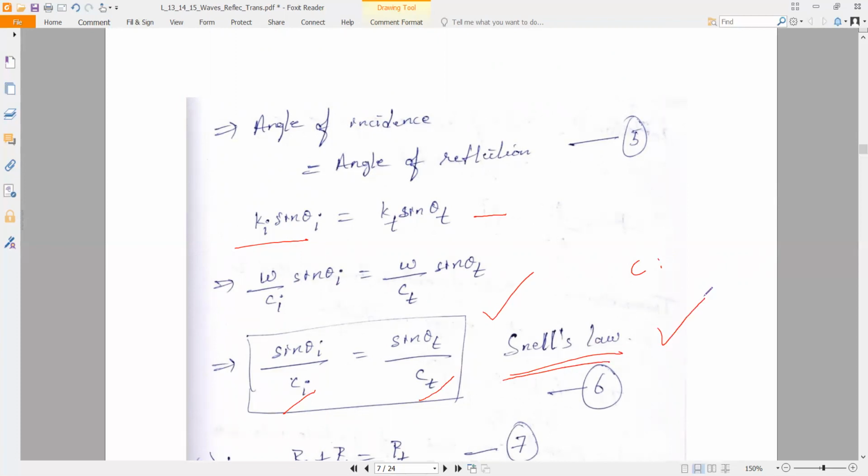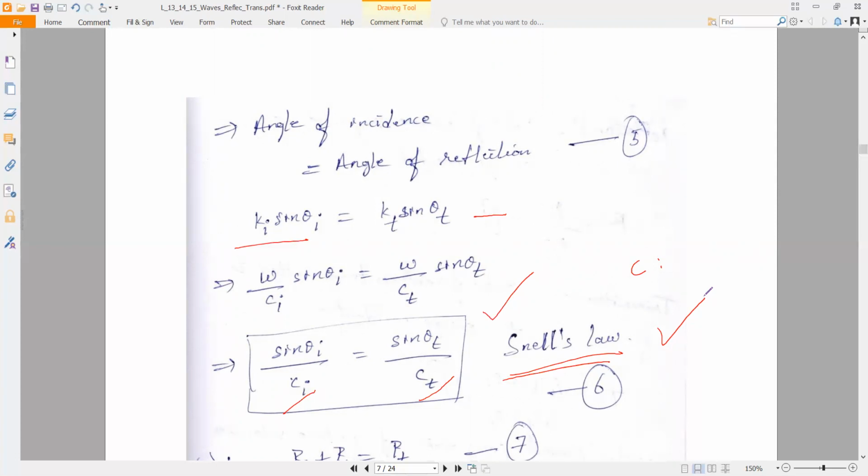The reason for me to pick up fluid was also to make sure that all of us are clear on these basic concepts: why angle of incidence is the same as angle of reflection, and why the frequency of a wave does not change when it is moving from medium 1 to 2 to 3 to 4 and so on. So the frequency of a wave does not change in linear elastic fluids as well as solids.